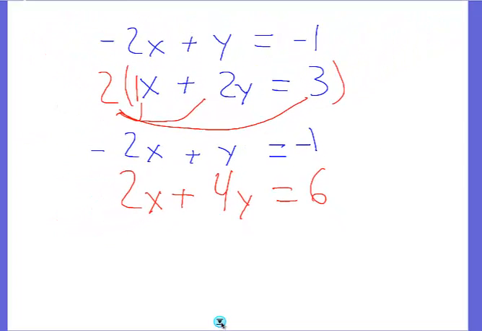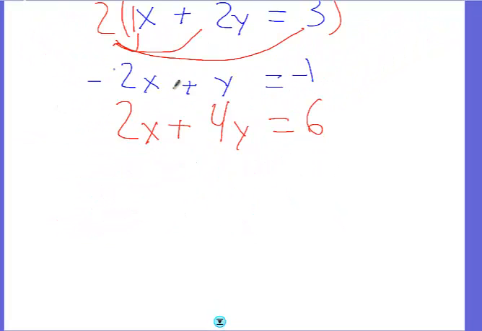Alright, so now once we multiply everything by a factor of 2, we get negative 2x plus y equals negative 1, and our new version of the equation is 2x plus 4y equals 6. Both of our x's are 2's. This one's a negative, this is a positive. So in order to cancel them out or make it go to 0, we must add them together.